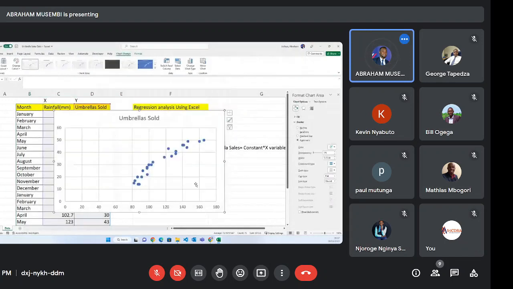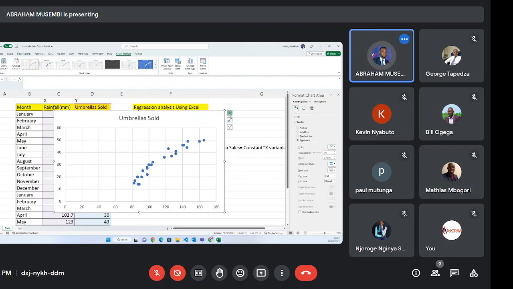Then we want to include the trendline, that is the line of best fit. We have to include the line of best fit.